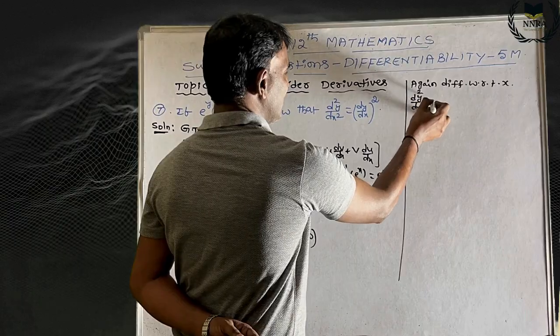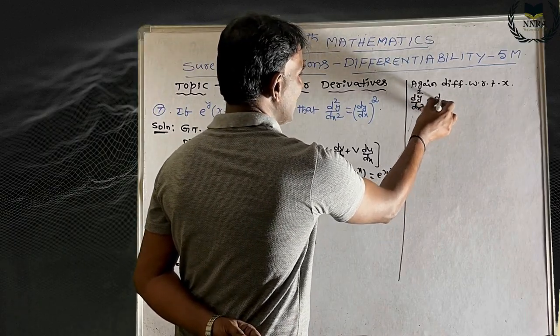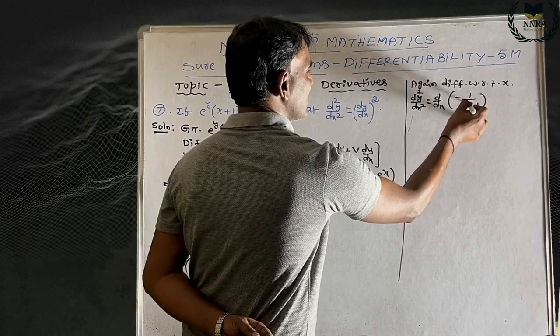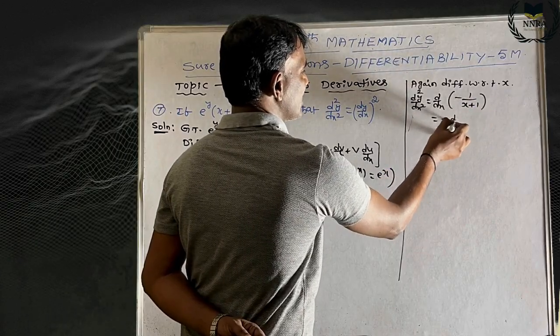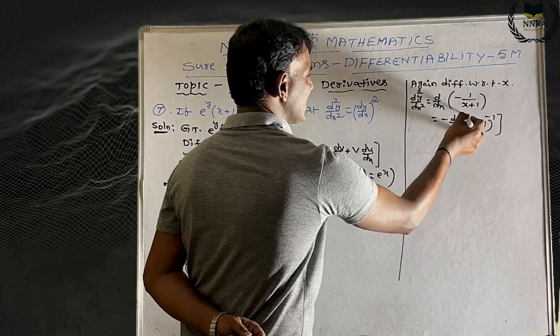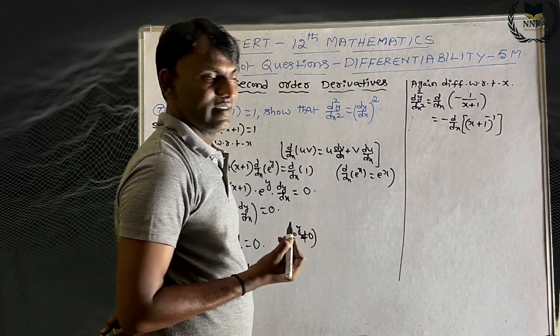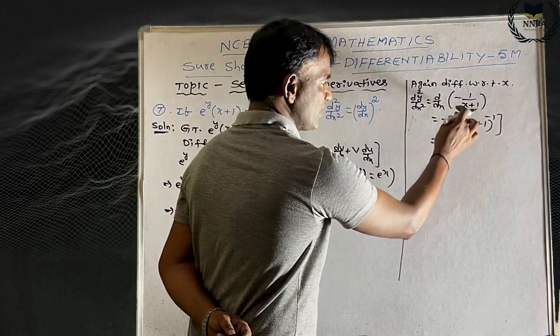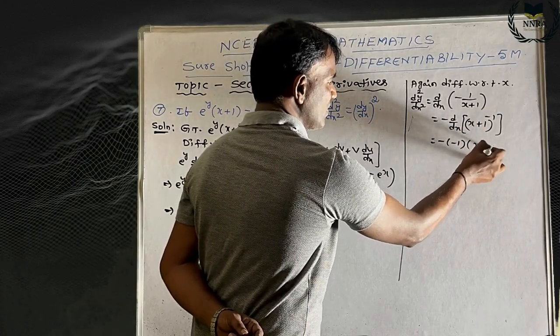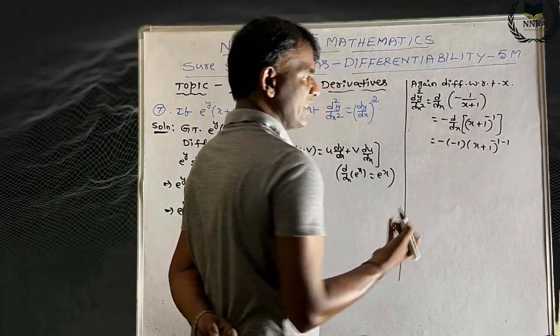And that one, d by dx of minus 1 by x plus 1, so minus d by dx of x plus 1 whole power minus 1. Now, which form is it? d by dx of x power n, so n into x power n minus 1.